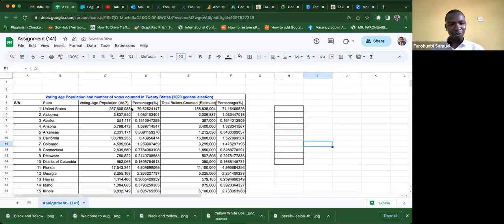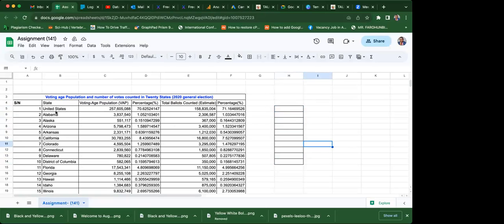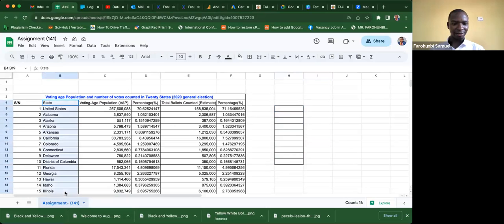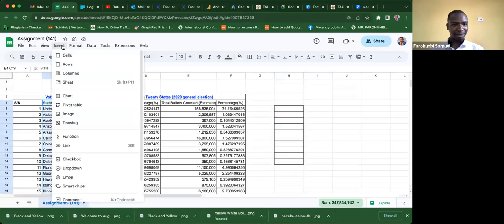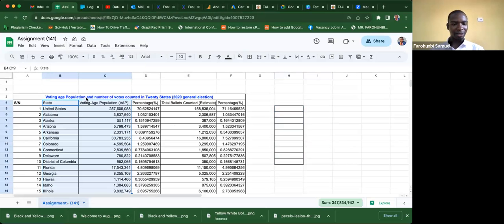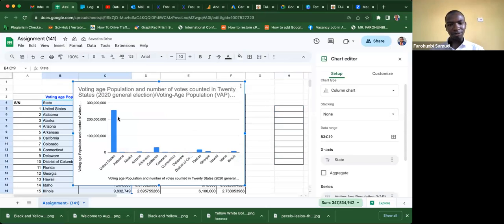So I want us to open our eyes, everybody. This time I'm going to use 15 states, not 10 states. So I'm selecting the data up to this level, and then I will go to my insert and I say chart, and then it's going to load for me.